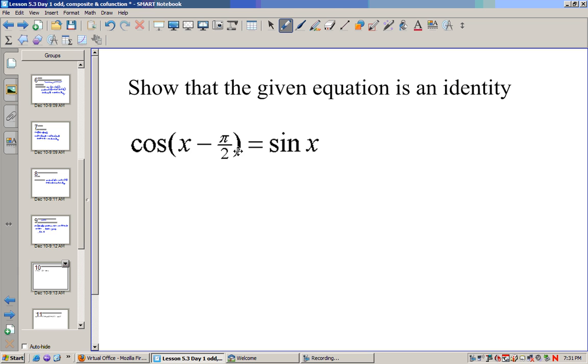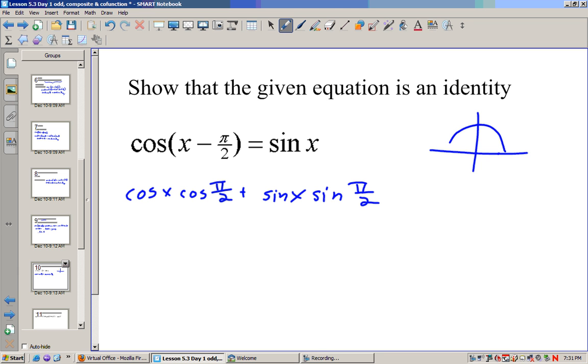Now we want to prove that this identity is true. Well, if we start with this left-hand side, we can expand this to be cosine x cosine pi over 2 plus sine x sine of pi over 2. Now on our unit circle, pi over 2 is up here, and that coordinate is 0, 1. 0 is the cosine, 1 is the sine.